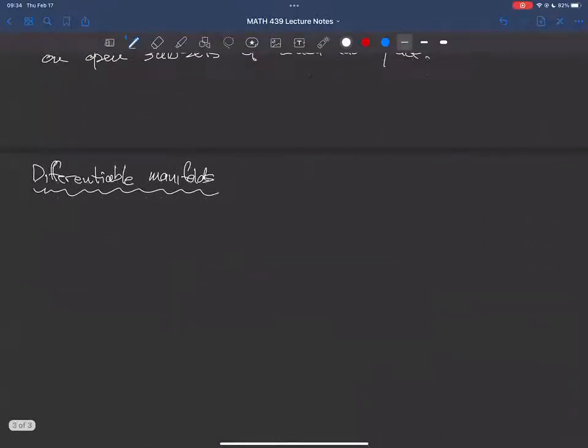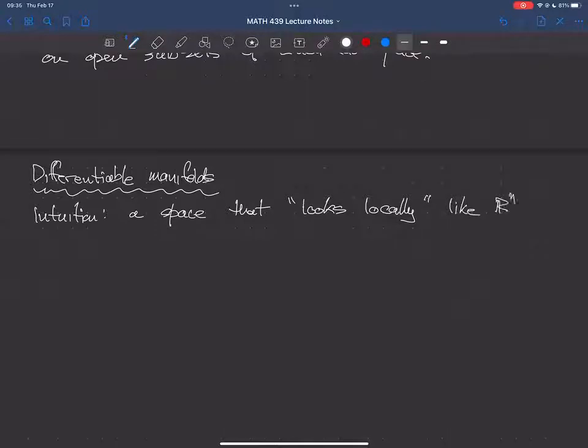Okay, so the idea is that it's a space that looks locally like Euclidean space. All right. Okay, so let's make that clear.